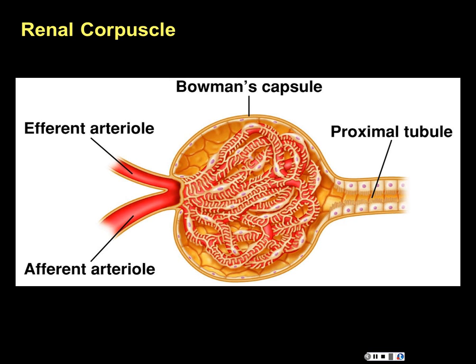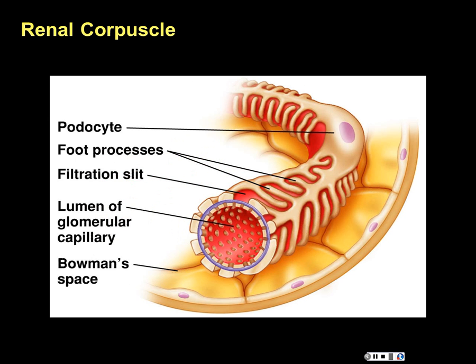It increases the surface area for filtration. So we've got some stability, but we still have a lot of permeability for forcing substances, blood plasma, out to be captured by the Bowman's capsule. So it's much more permeable than other capillaries in the body.